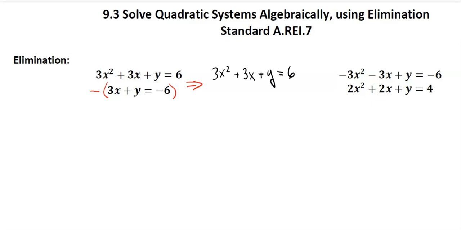So 3x becomes minus 3x. y becomes minus y, and minus 6, negative 6 becomes plus 6, or just 6.